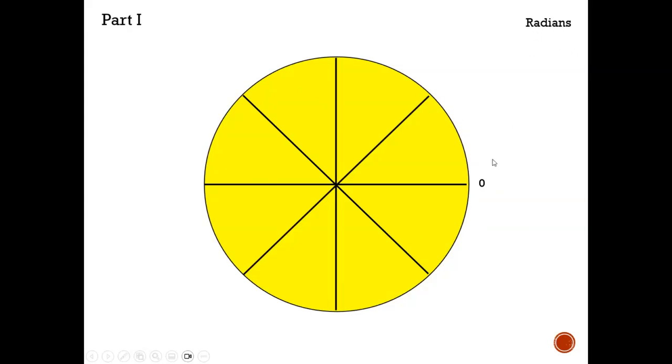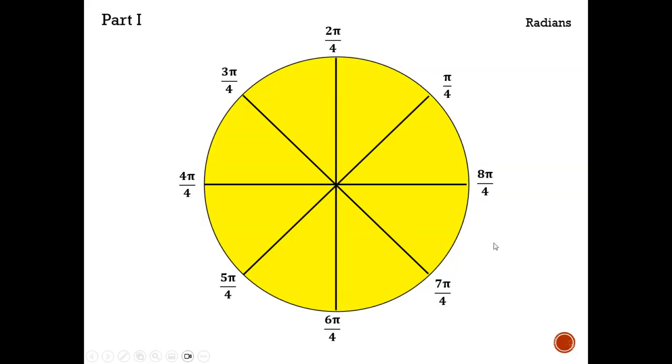Then we're going to start labeling our radian values. We start here at 0, and then we're at pi over 4, or 1/4 pi, and we're just going to increase by a fourth. So then 2/4, 3/4, 4/4, 5/4, 6/4, 7/4, and then 8/4 pi.